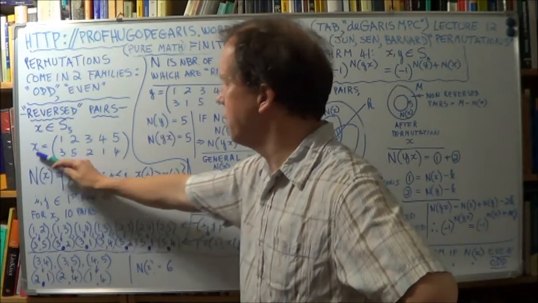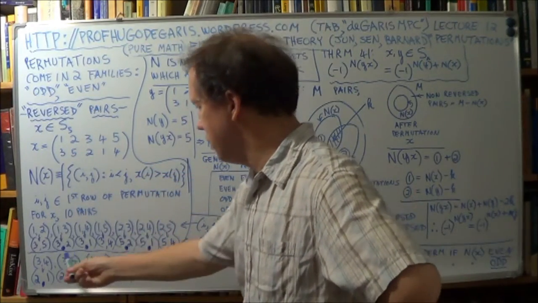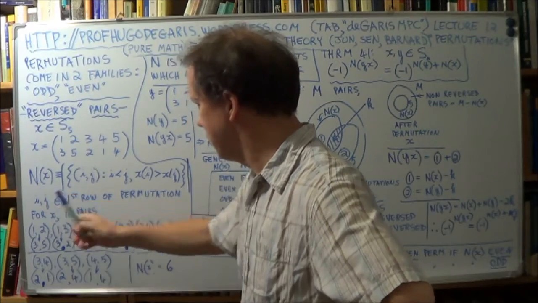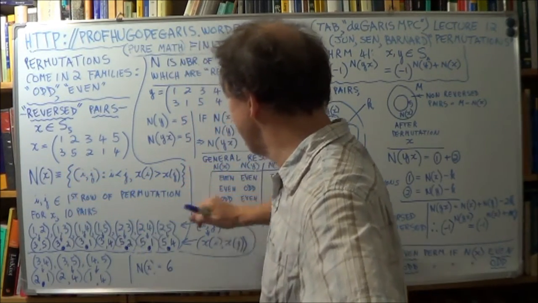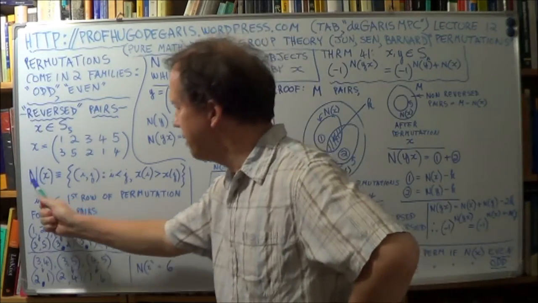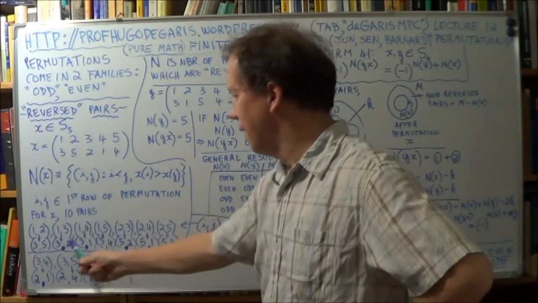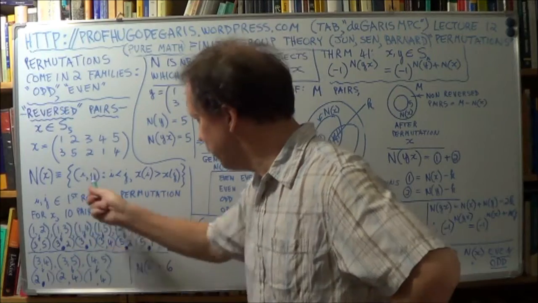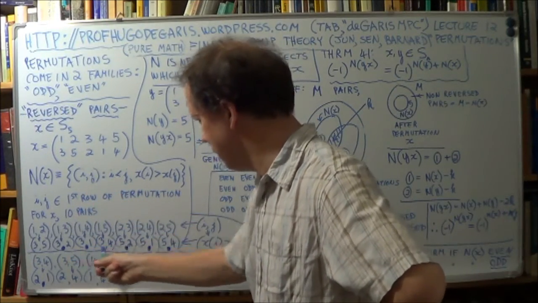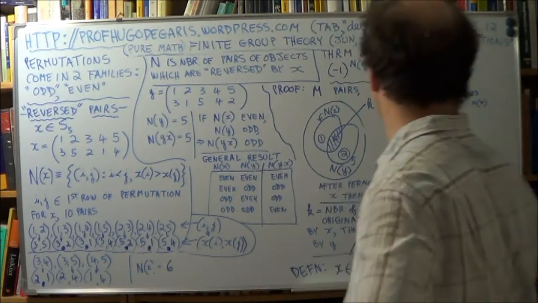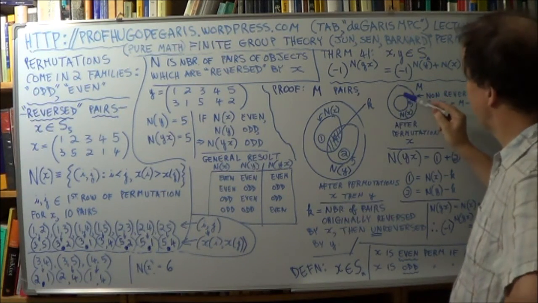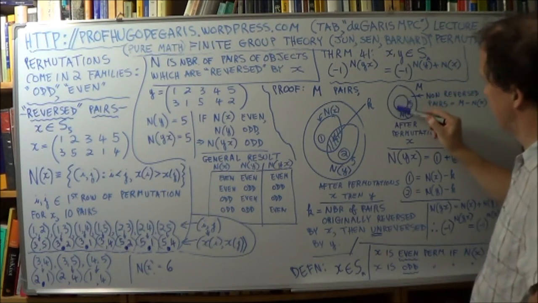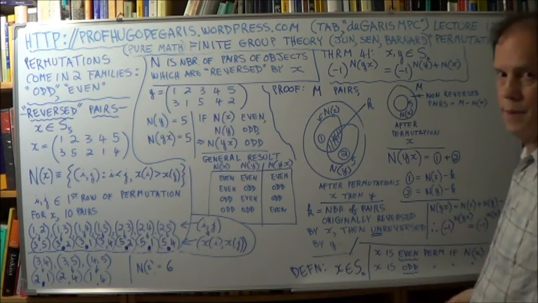You apply your permutation X, and you select this set. It's a set, and we look at the size of the set. So you find this set, and it's the set of reversed pairs. The pairs that get reversed are put in this subset.